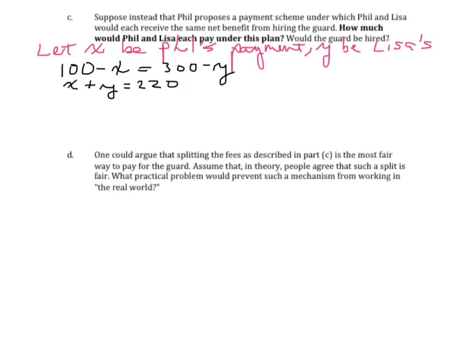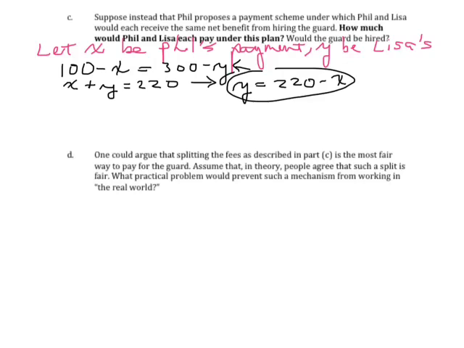One easy way is to transform this second one into a form y is equal to 220 minus x. And then we can plug this equality in for y, and then we have one equation, one unknown we can solve directly.